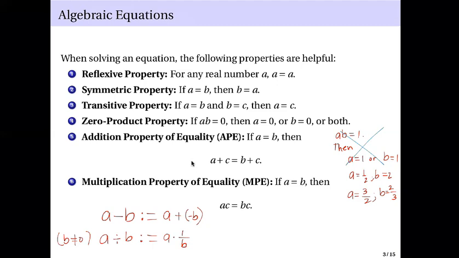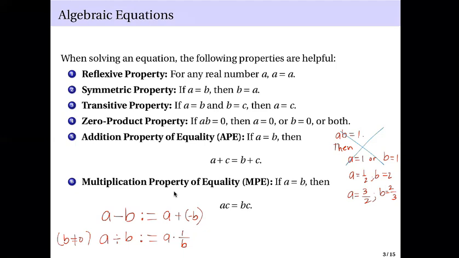So that's the reason why we don't have additional names like the subtraction property of equality and the division property of equality, because the subtraction property of equality is already under the addition property of equality, and the division property of equality is already inside the multiplication property of equality. Okay?